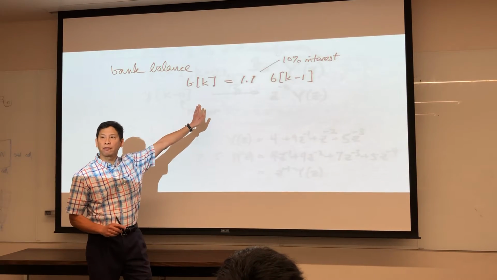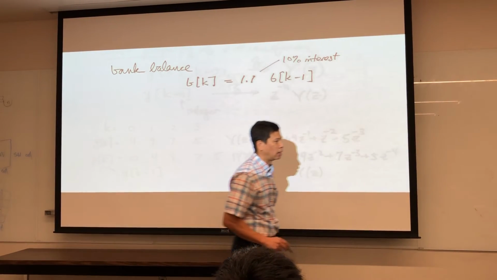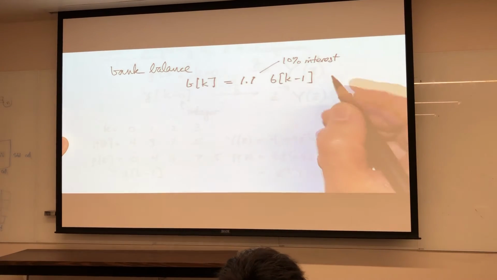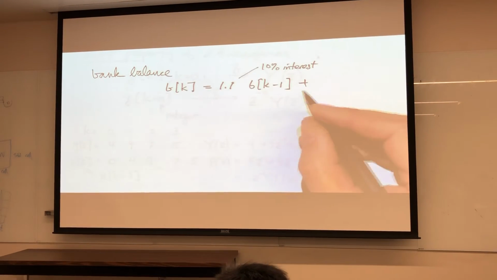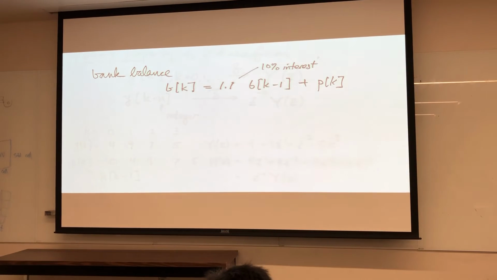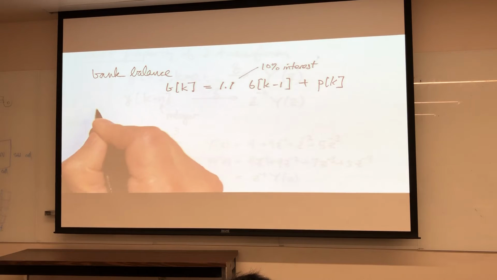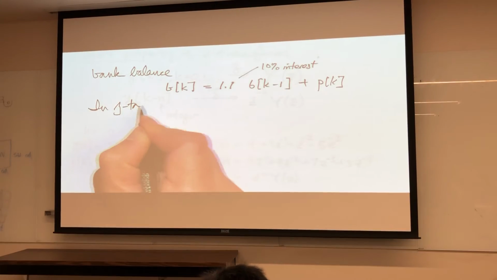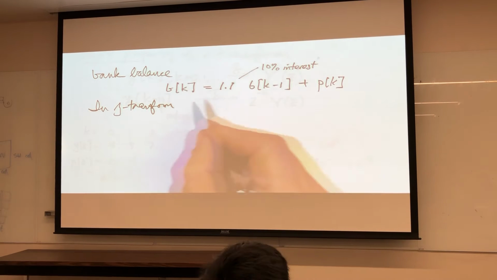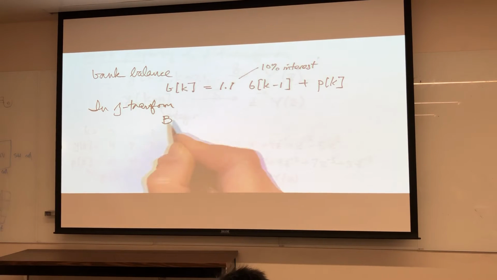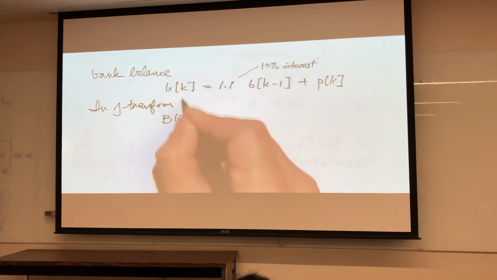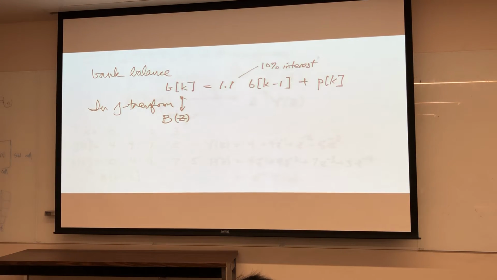So this is a difference equation. Maybe we also have a payment. Let's call it P of k. In the Z transform, I would say this becomes capital B of z, I transform this, call it B of z.